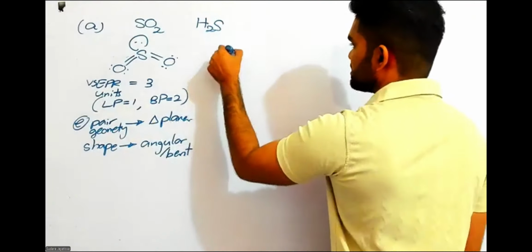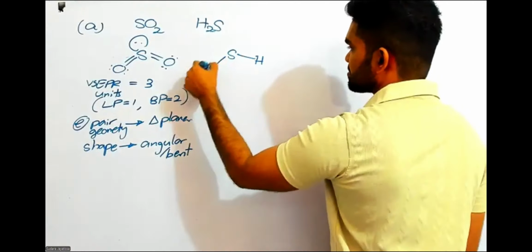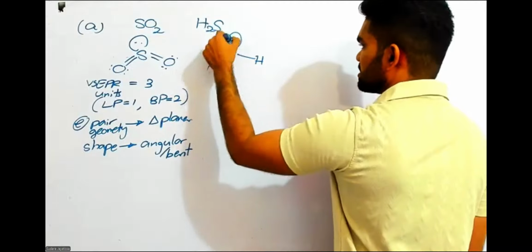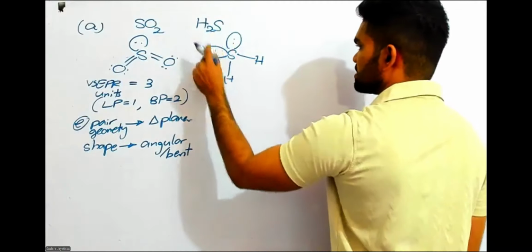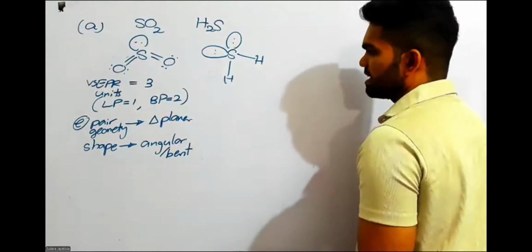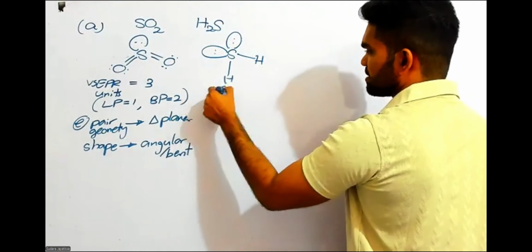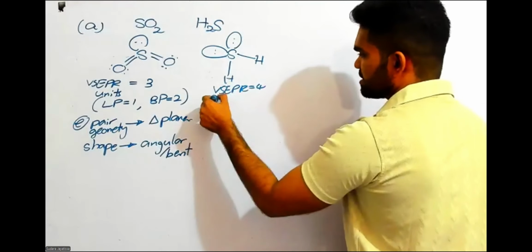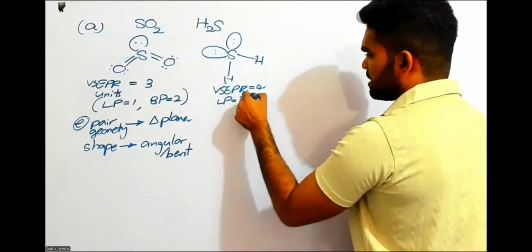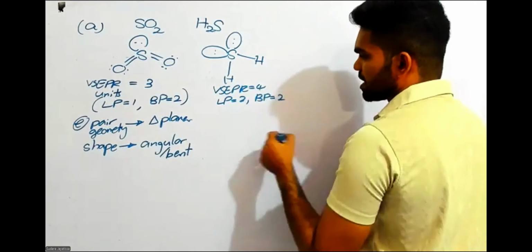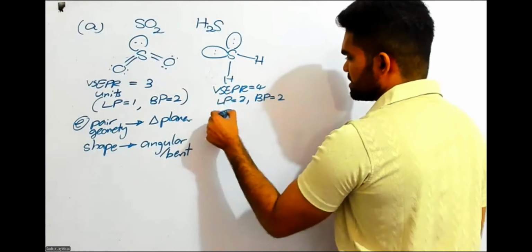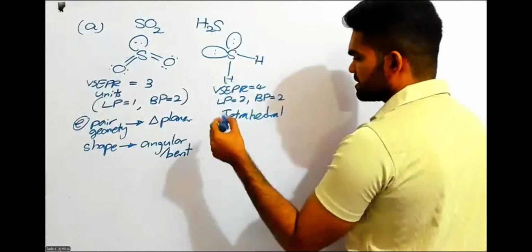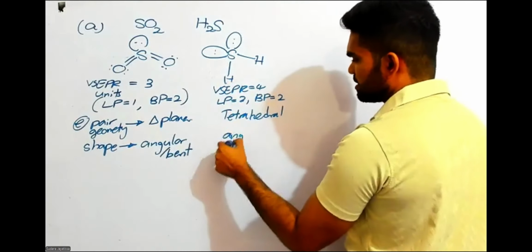And H2S is like this, right? There are 4 VSEPR units: 2 lone pairs and 2 bond pairs. The electron pair geometry is tetrahedral, and the shape is again angular or bent.